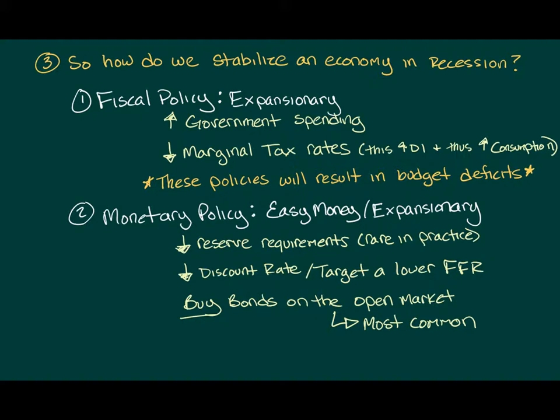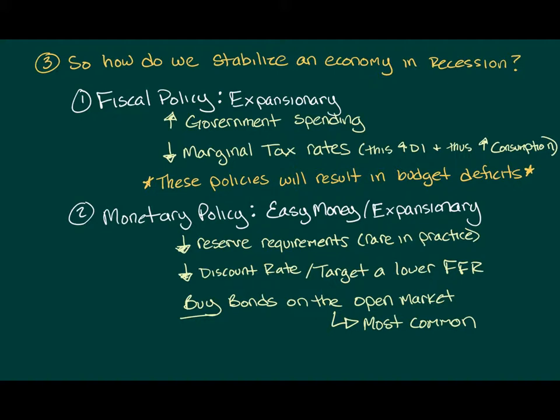Most commonly, the Fed tends to engage in open market operations. And so hopefully at this point, the students know that open market operations is basically the Fed's interactions with the bond market. In this case, if we're looking to engage in easy money policy to grow the economy, the Fed can show up to the bond market and they can offer to buy bonds.